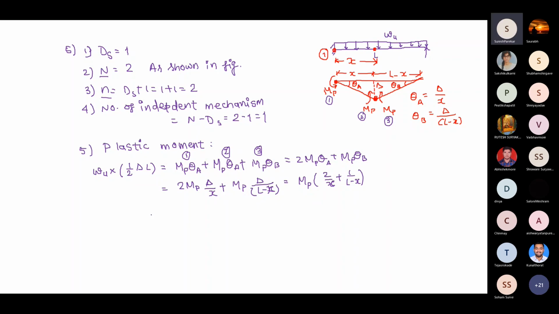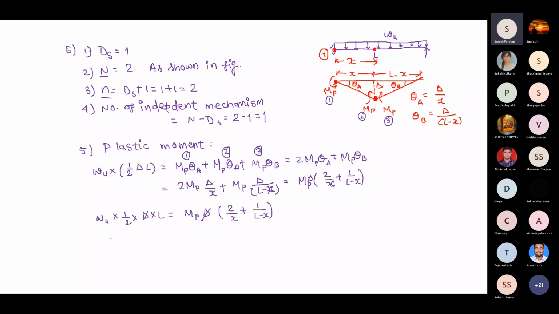And then I will write over here W into half into delta into L equal to MP into delta पाहिजे इथे. So MP into delta 2 by X plus 1 upon L minus X. This delta gets cancelled.